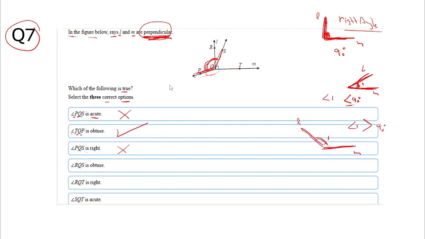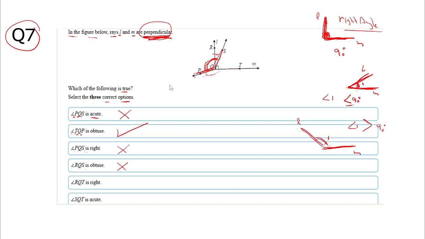Okay, angle RQS. This angle is an acute angle, like this one, not an obtuse angle. So this is the wrong answer.